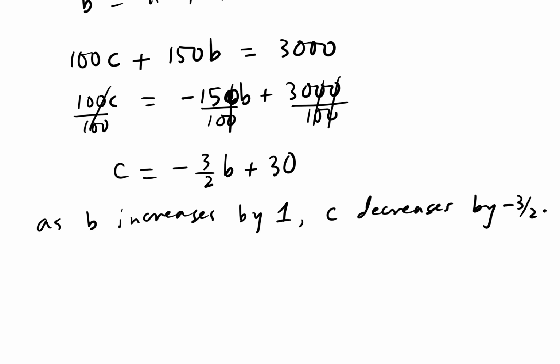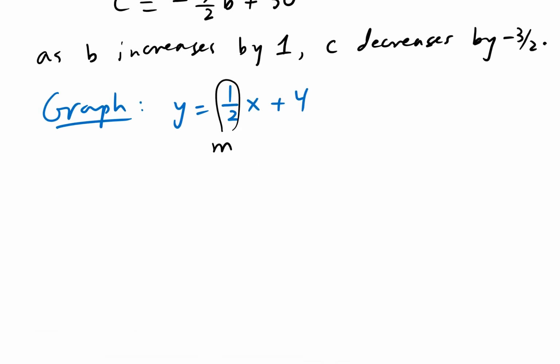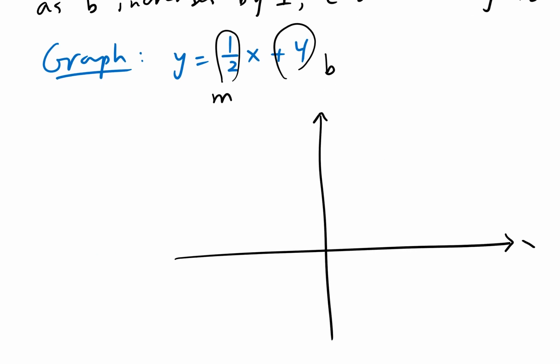Another thing that helps us when we're working with slope-intercept form, if we're asked to graph, let's say, 1/2 x plus 4, is knowing this is the slope here, and this is the y-intercept. So what do we do in this case? We always start with the y-intercept, assuming it's written in this form. So m is 1/2, and slope is always rise over run, and the y-intercept b is 4.